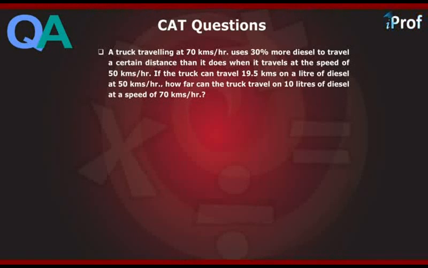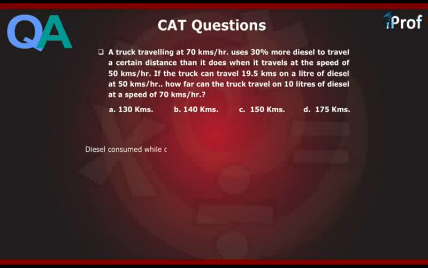The given options are A. 130 kilometers, B. 140 kilometers, C. 150 kilometers, and D. 175 kilometers. Diesel consumed while covering 19.5 kilometers at a speed of 50 kilometers per hour is equal to 1 liter.